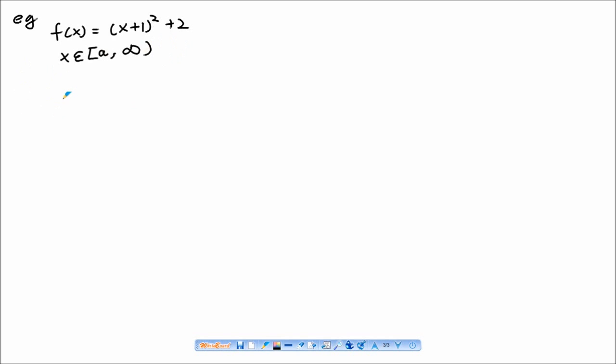Now I ask you, what is the minimum value of a so an inverse function exists?